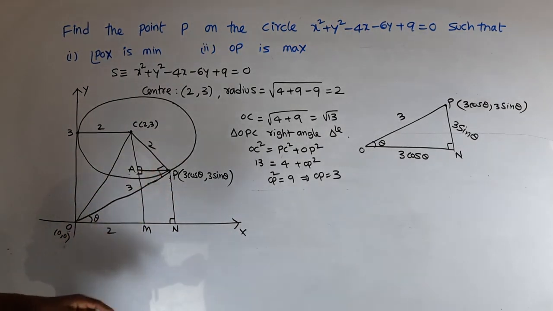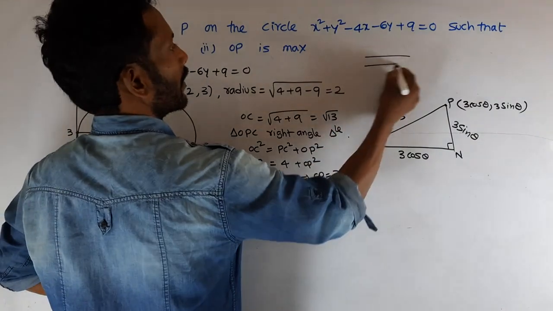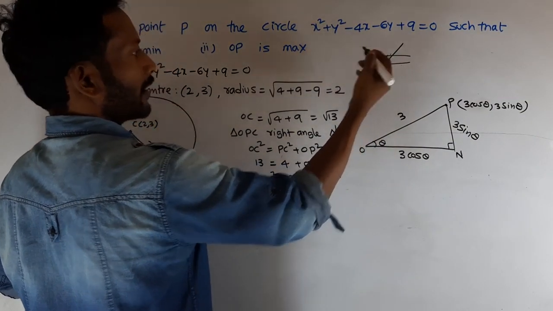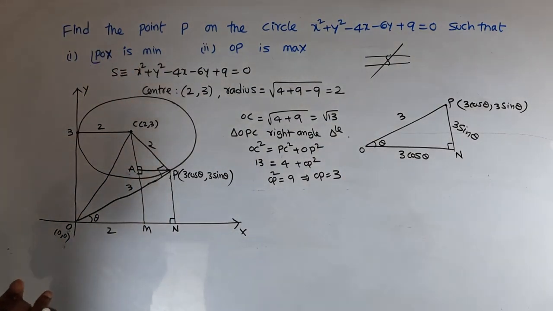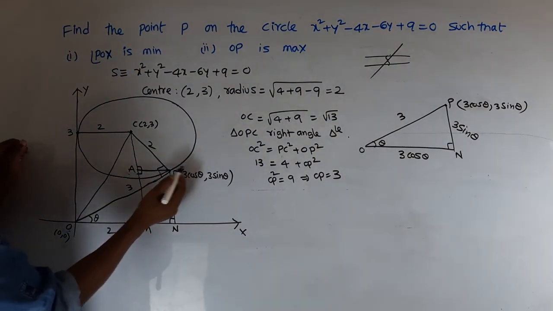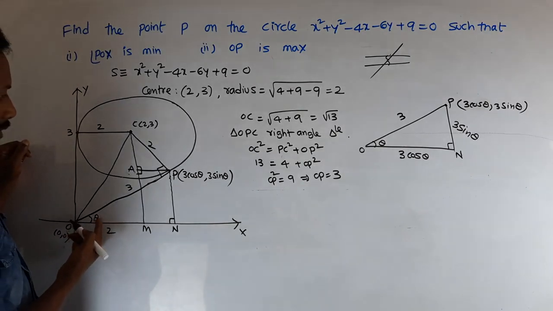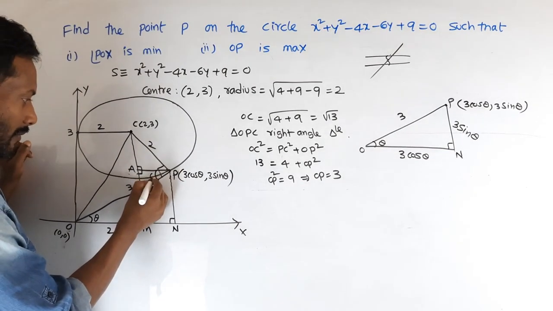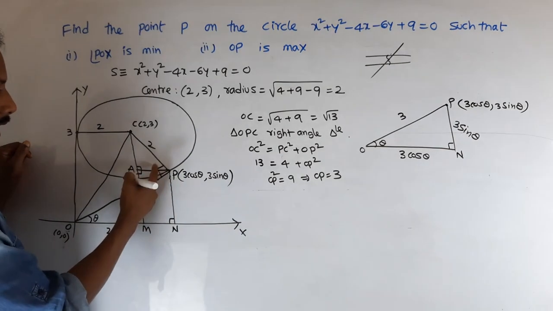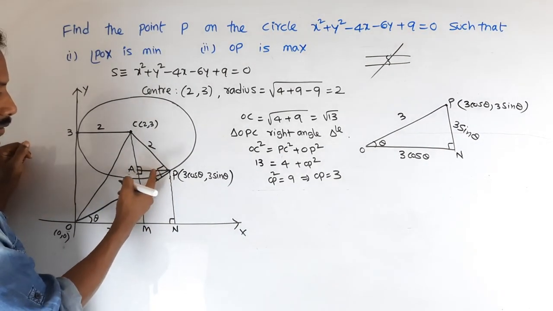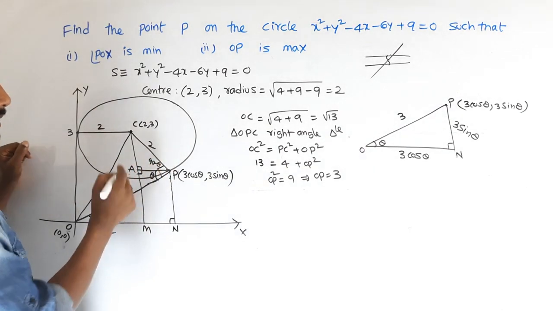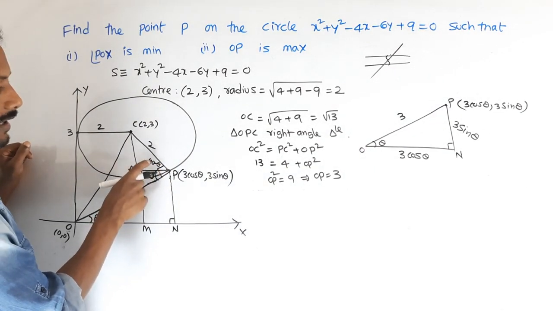These two are parallel lines with a transversal, so alternate angles are equal. This angle is theta, and this one is also theta. The entire angle is 90 degrees, so the remaining angle is 90 minus theta.